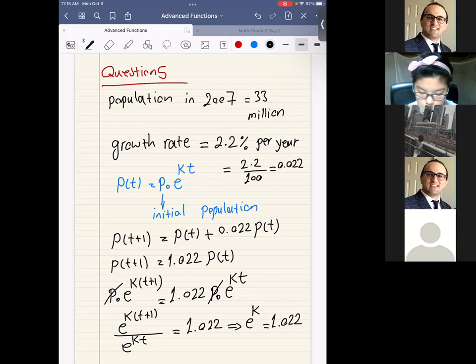Because on top you have e to the power kt plus k, and if you subtract the kt, you get e to the power k.